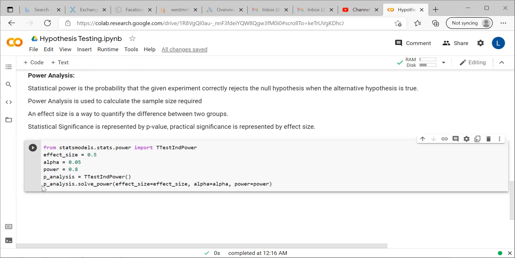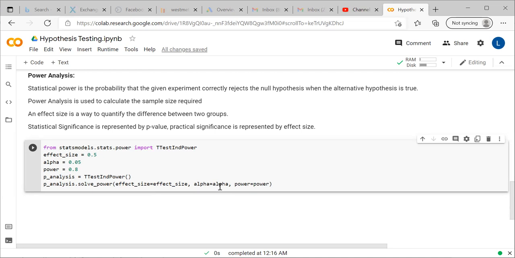Then I'm calling the command I have executed here, p_analysis dot solve_power, and within the brackets we have to give first the effect size. You can directly give 0.5 also, but fine, the effect size we have already given a name, so we are mentioning alpha.